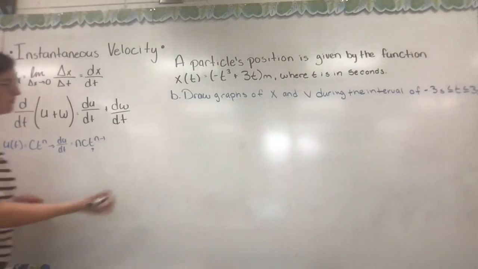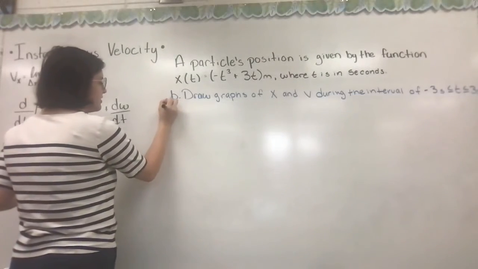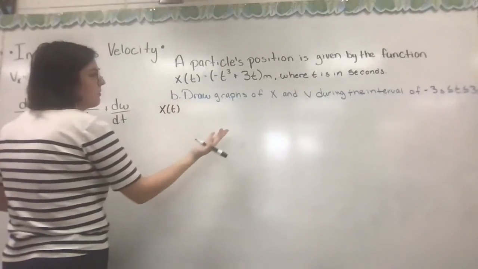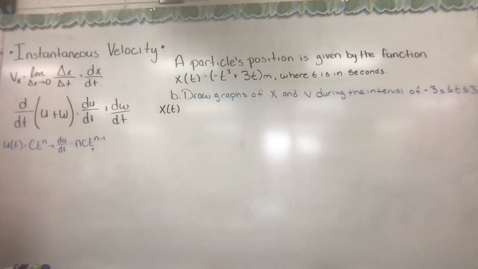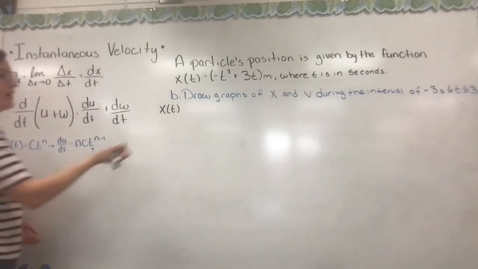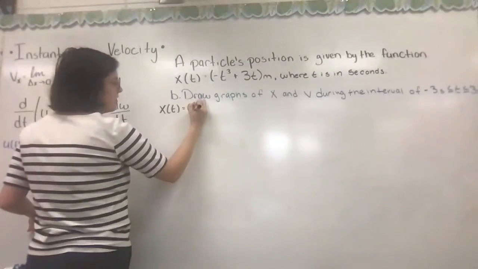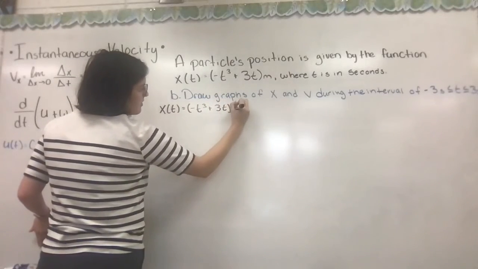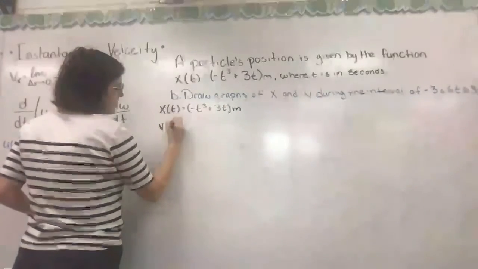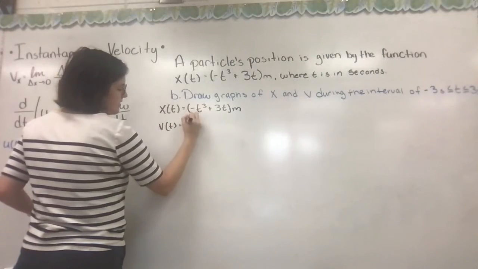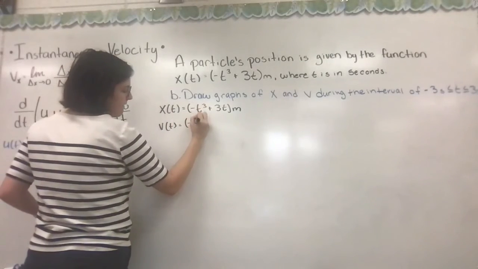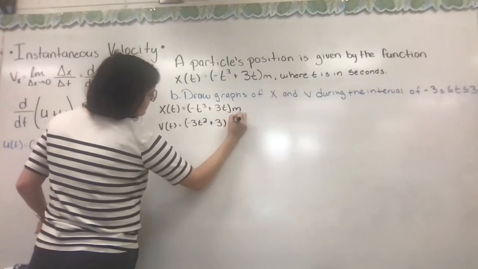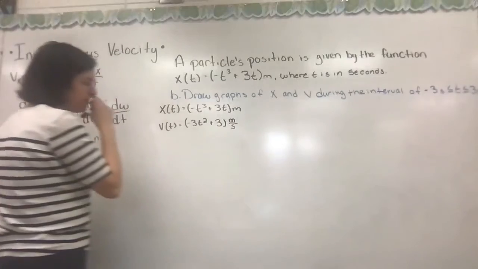Okay, now, the first thing we're probably going to want to do is figure out what the points are during those times, right? Okay, so we know that this is our position equation. And what was our velocity equation that we found, you guys? Negative 3t squared plus what? And that's meters per second. Okay.